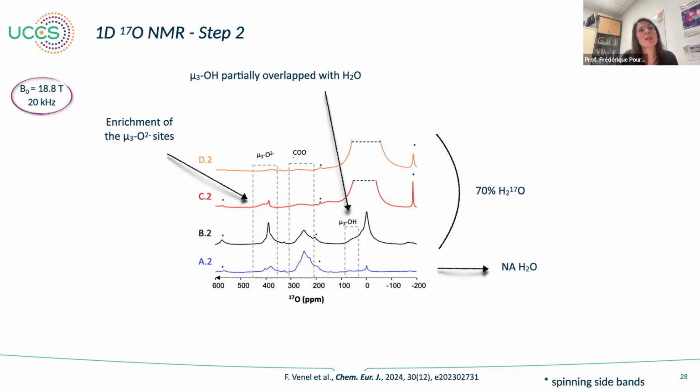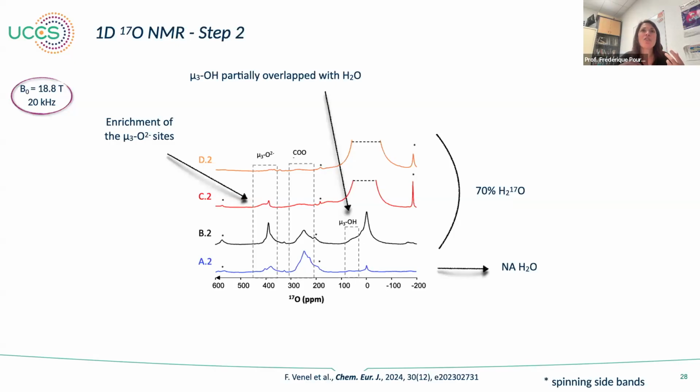In the A2 signals, you were able, with water that was not enriched, to label the mu3-O2- and mu3-OH. So that means that at some point, the oxygen 17 that comes from the COO moves to the other signal. So that proves an exchange between the sites from the CO to the mu3-O2- and mu3-OH.